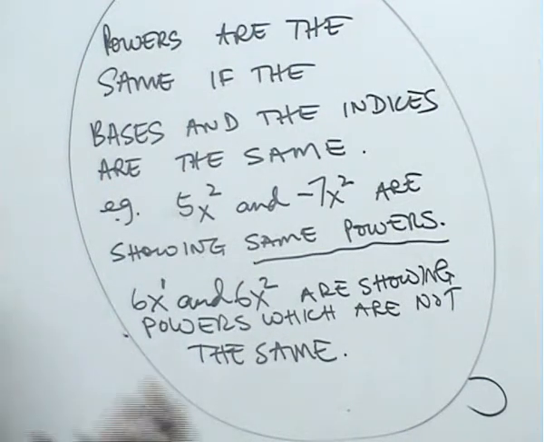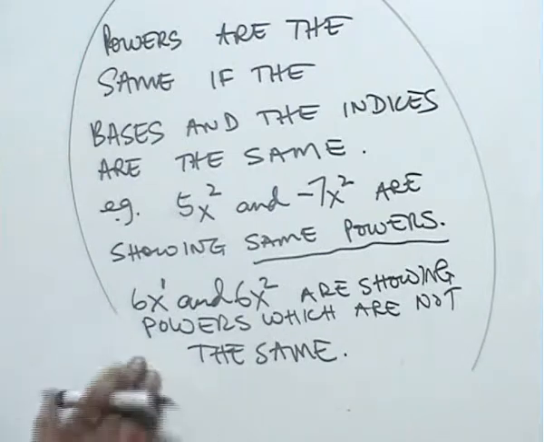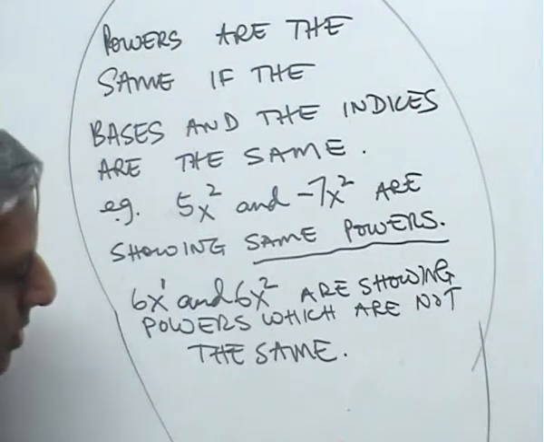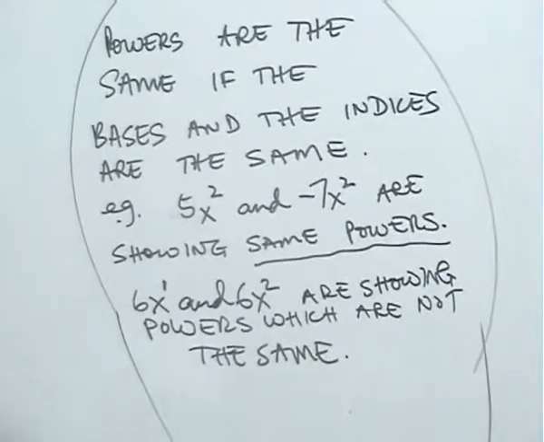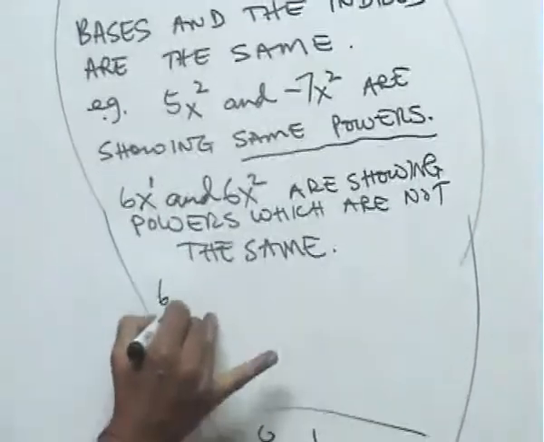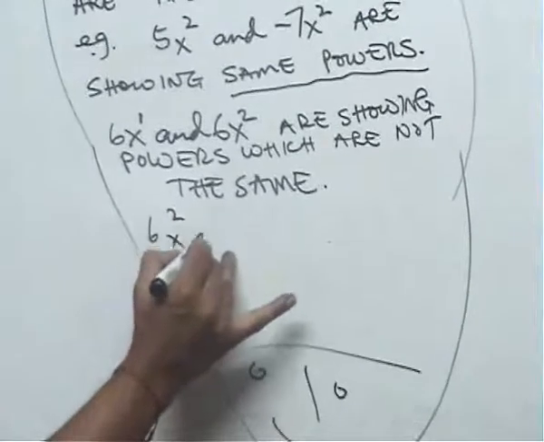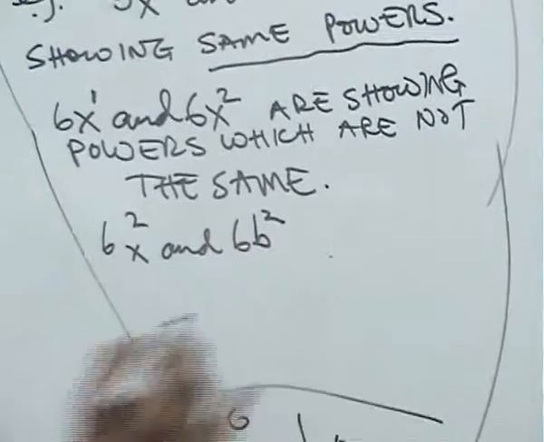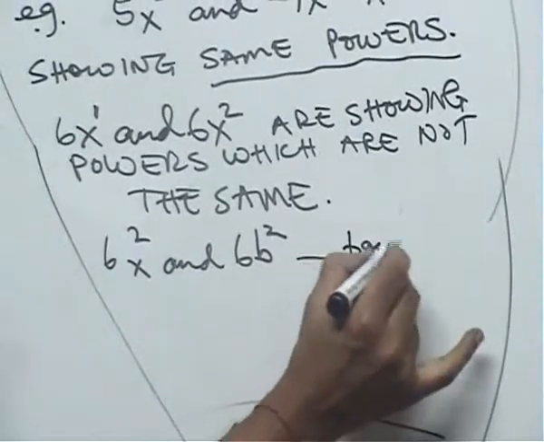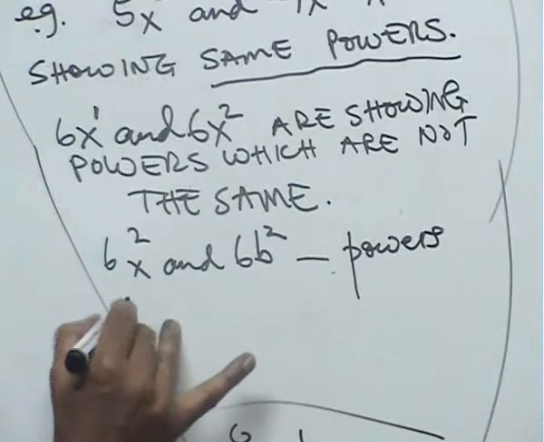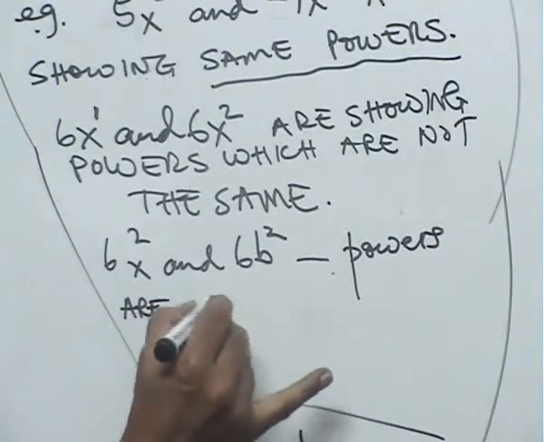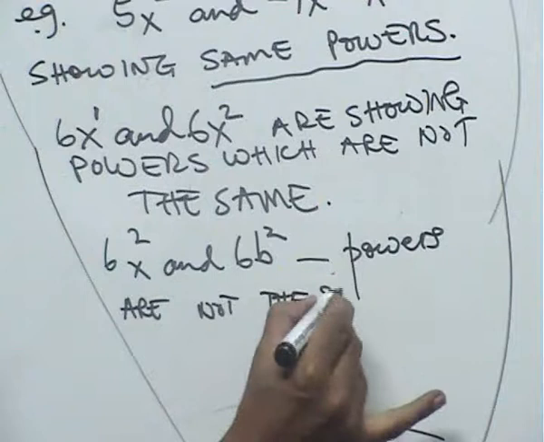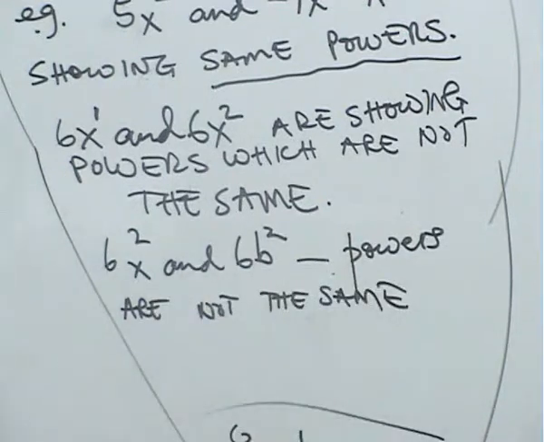So, if you wish to complete the story properly, let me do one more. And if you take 6x squared and 6b squared, once again the powers are not the same, because this time the indices are equal but the bases are different.